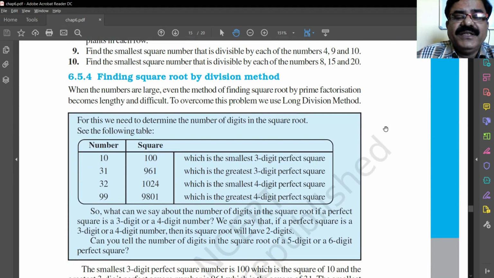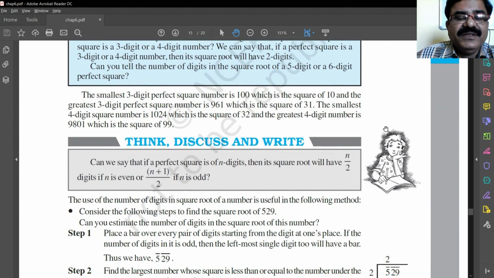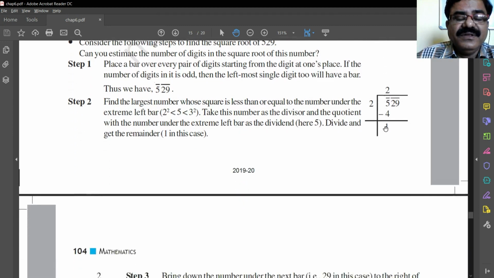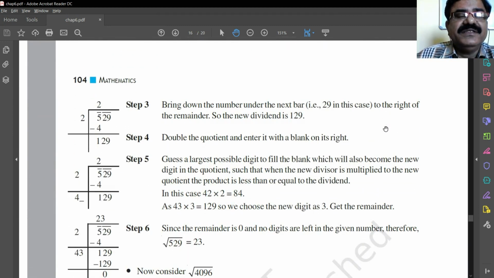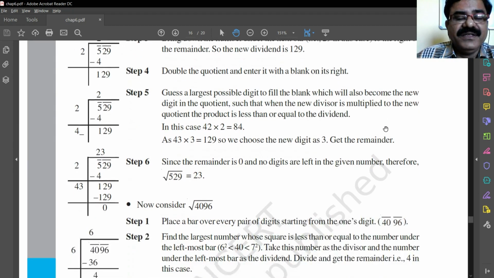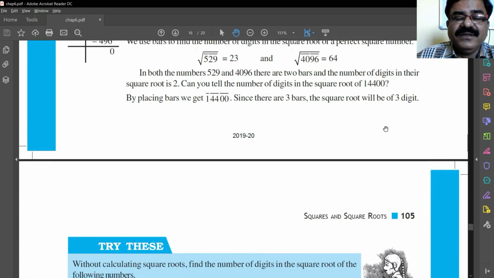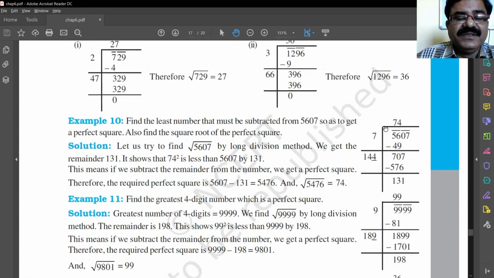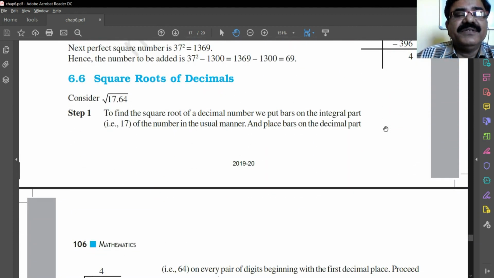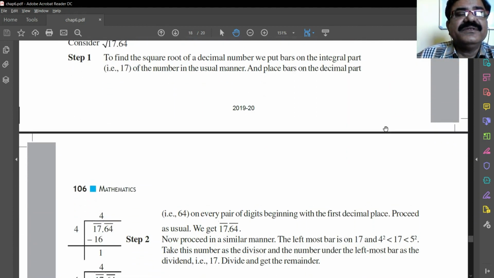Square root by the division method, I think you know, is a very simple process in steps. From the right we take the pairs, and after that we start to divide the number, and one by one, in steps, the division process is continued.